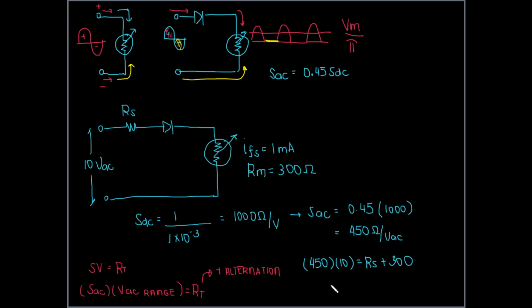There. So the required multiplier resistance for this AC voltmeter is 4,500 minus 300, which is 4,200. Okay? There you go.